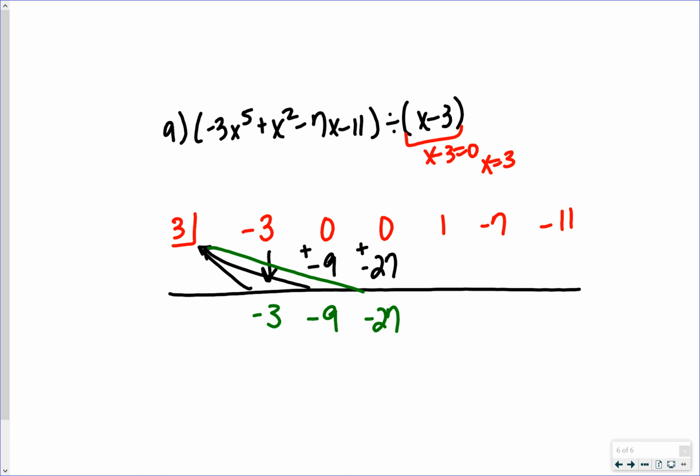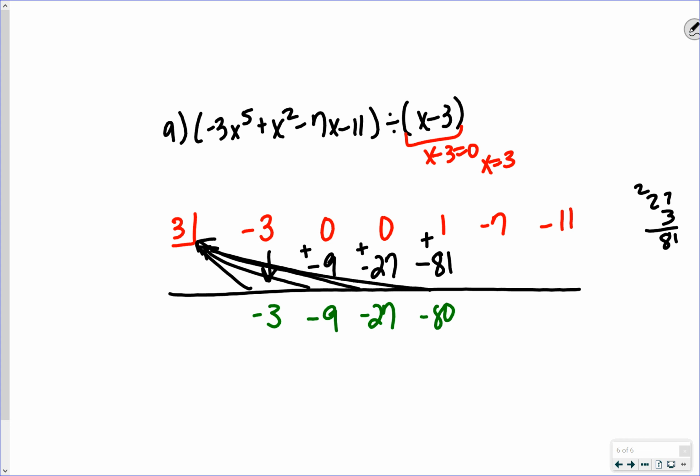Negative 27 times 3. Hold on. Trying to stay with the color scheme here. Negative 27 times 3 is a negative 81. Plus 1 is a negative 80.